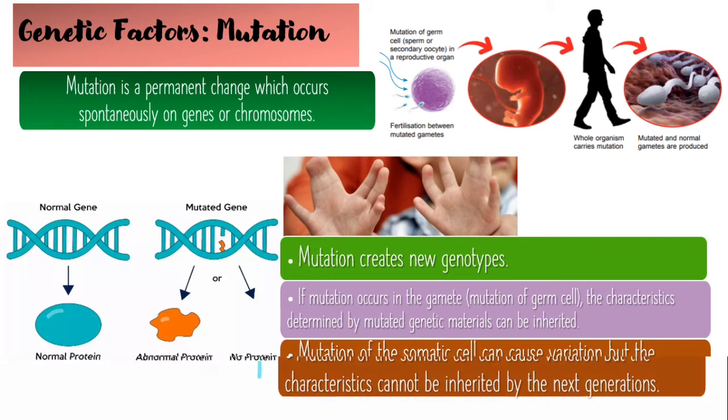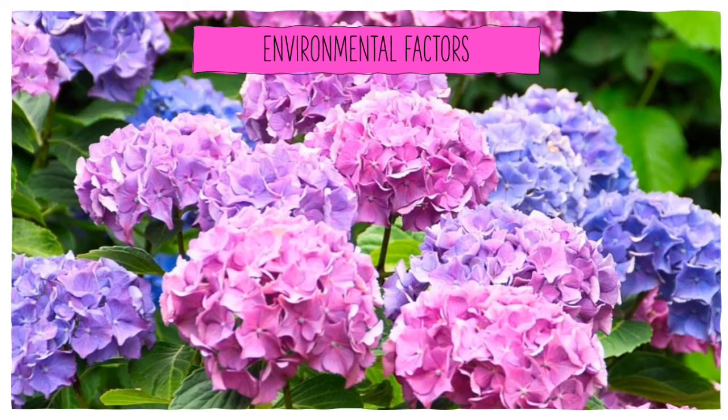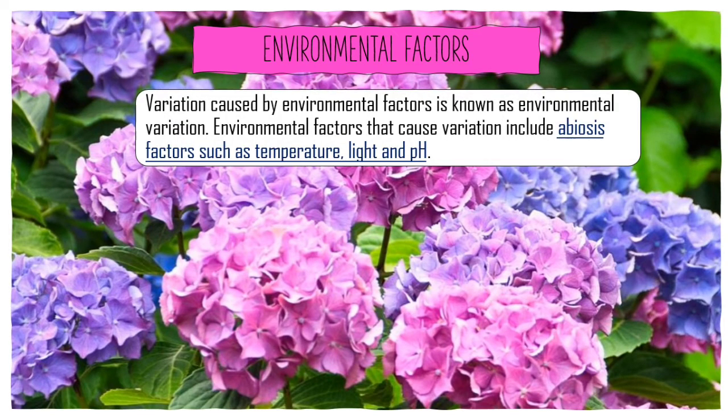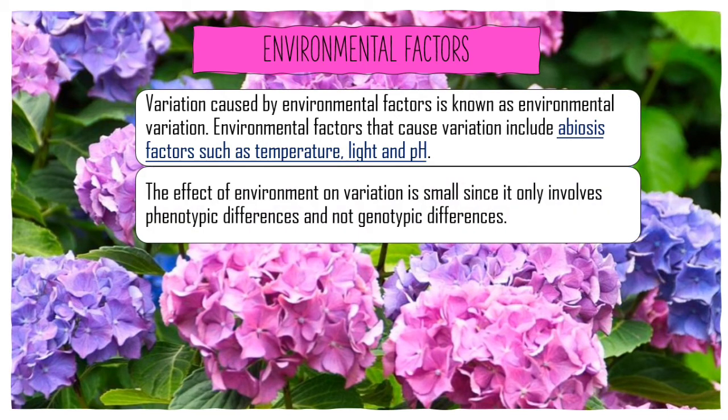Okay, let's discuss the environmental factor. Variation caused by environmental factors is known as environmental variation. Environmental factors that cause variation include abiotic factors such as temperature, light and pH. The effect of environment on variation is small since it only involves phenotypic differences and not genotypic differences.